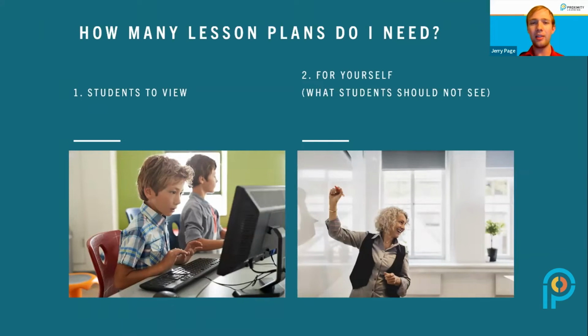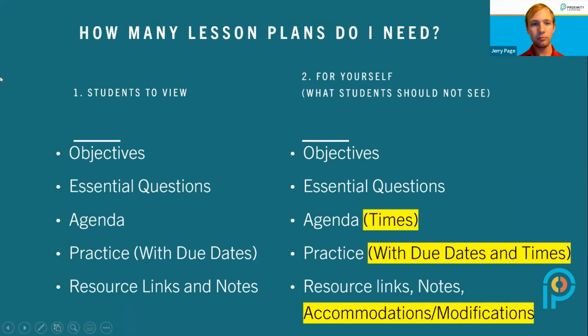I also have another idea for lesson planning of one for yourself, because there are certain things students should probably not need to see, and I'll go over those. So on the left, you have what students are able to see.